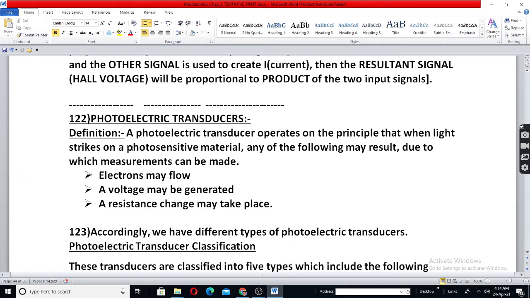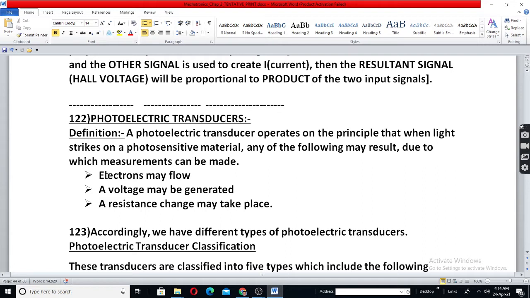So on a photosensitive material, when light falls, sometimes current may change, means electrons may flow. Sometimes voltage may change, means voltage may be generated. Sometimes resistance may change.